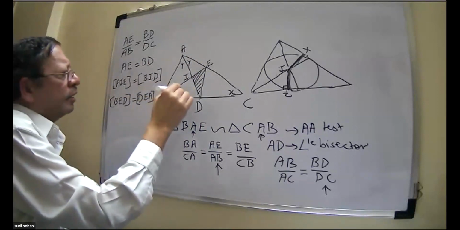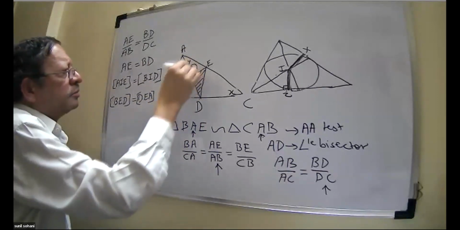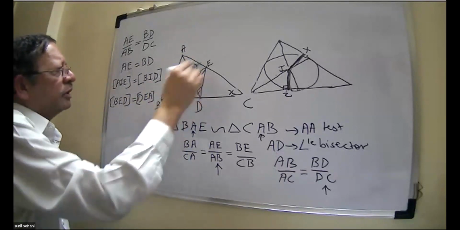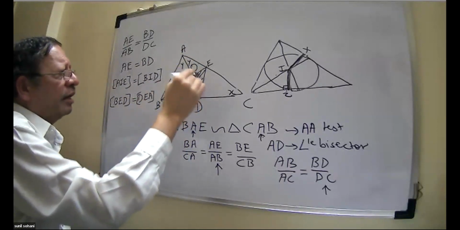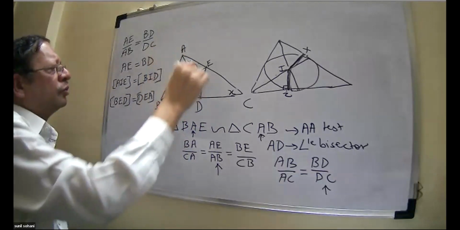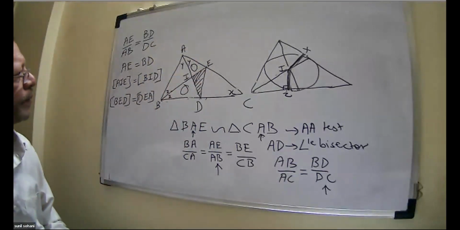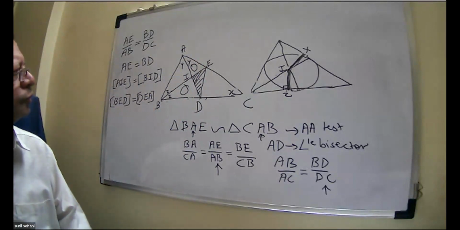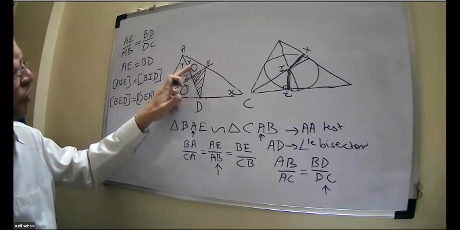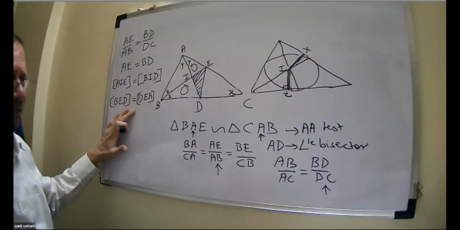Reason being, these are equal, and the addition of this, because this is a common triangle area, so this is what I have written. So circle plus shading is also equal to circle plus shading. That is what I am showing here.